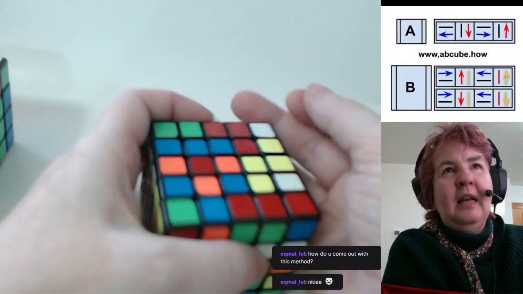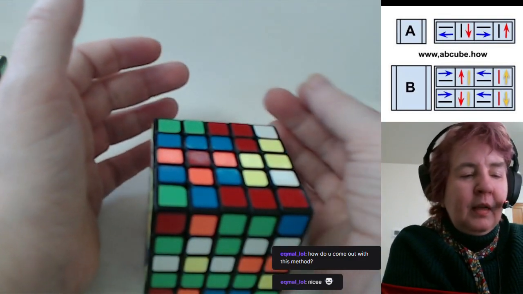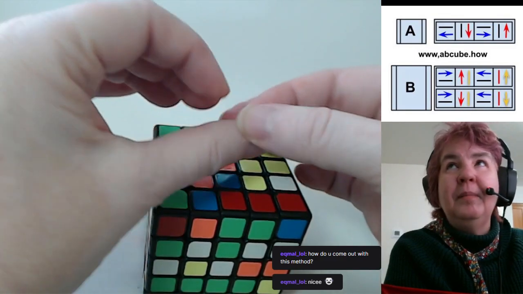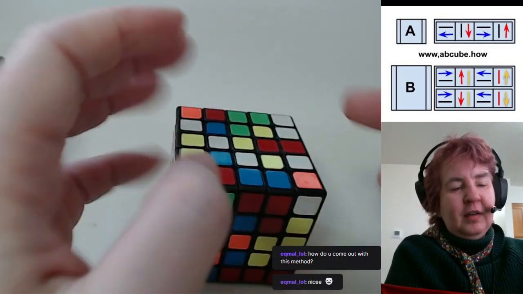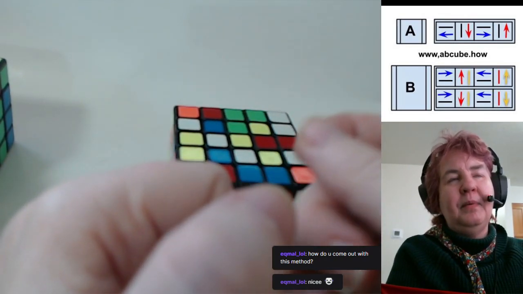And I hadn't learned the reduction method because I'd just been learning on my own. So luckily now the internet's out, and I can find people. So I found someone who could teach me the last step of the centers as the last step.